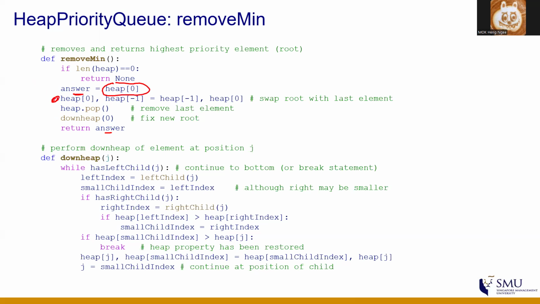Meanwhile, I will swap the root, the element at position 0, with the element at the last position. This is the last leaf, the leaf at the lowest level. As far as an array is concerned, I just swap this with the last element.